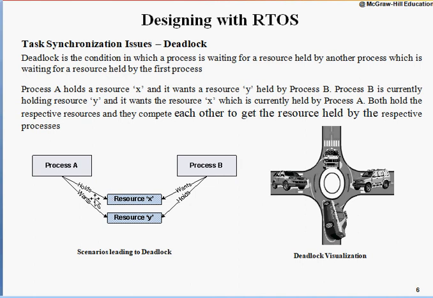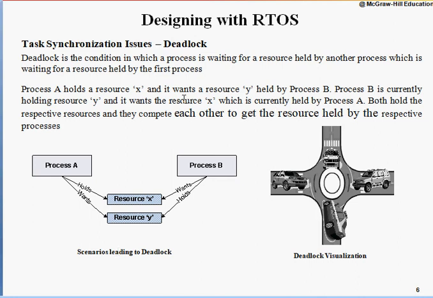So this is a scenario of deadlock. I repeat, process A holds resource X, which means process B cannot access it, but it wants it. At the same time, B is also holding one resource which A requires. So this is the concept of deadlock.